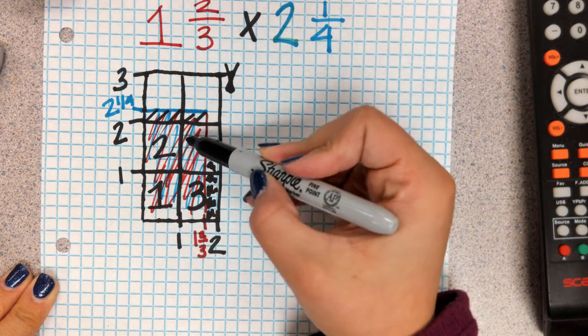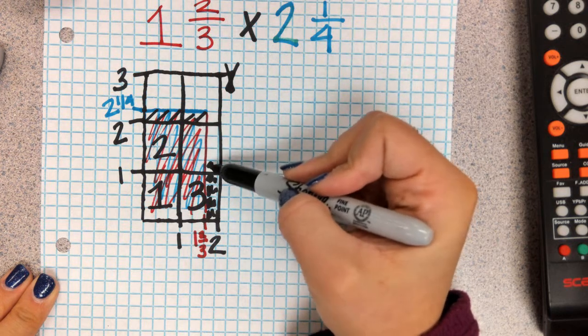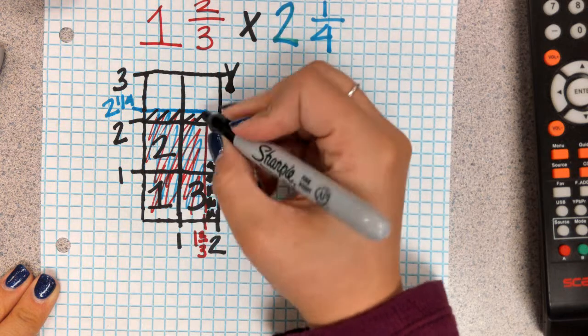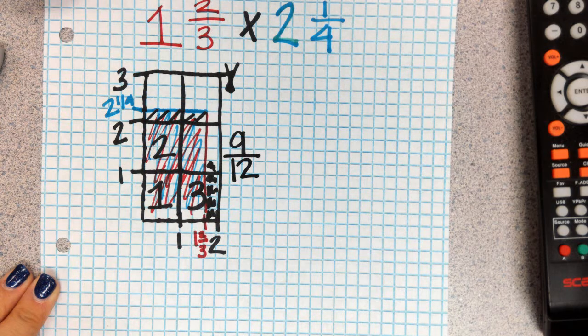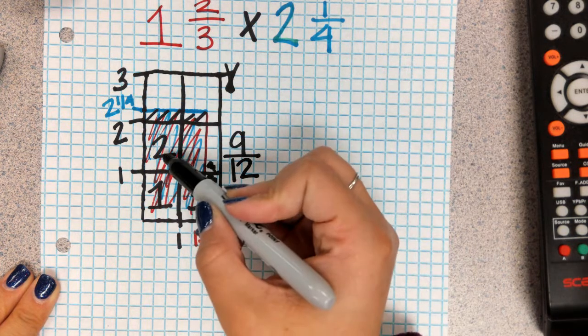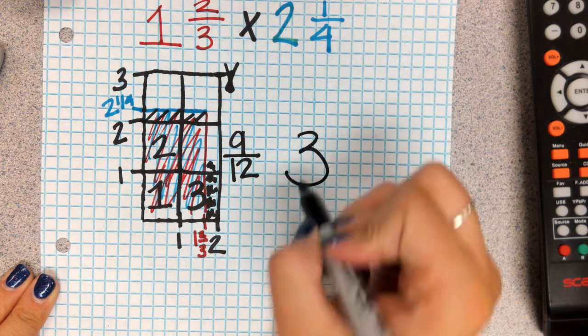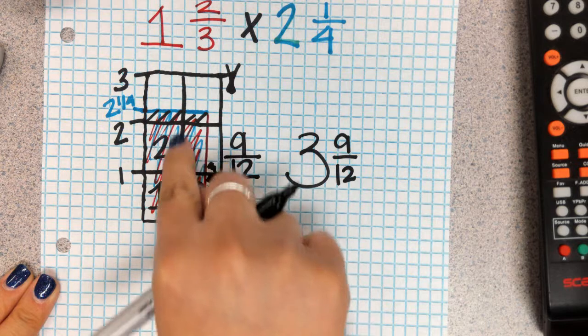I have 1 2 3 4 5 6 7 8 9 of my total of 12 squares. So my answer will be 3 wholes with 9 twelfths remaining.